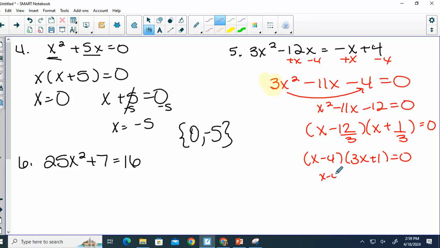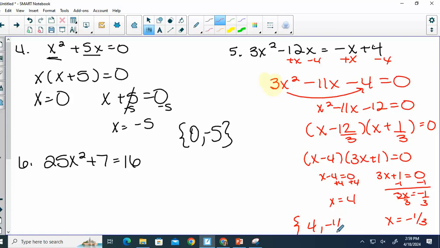Just set those equal to 0. And we get 4 and negative 1/3.